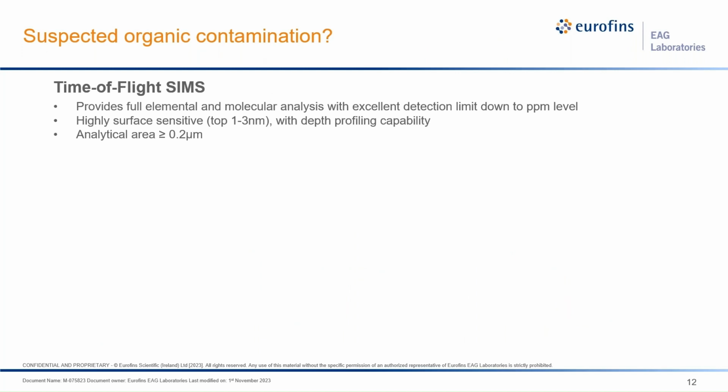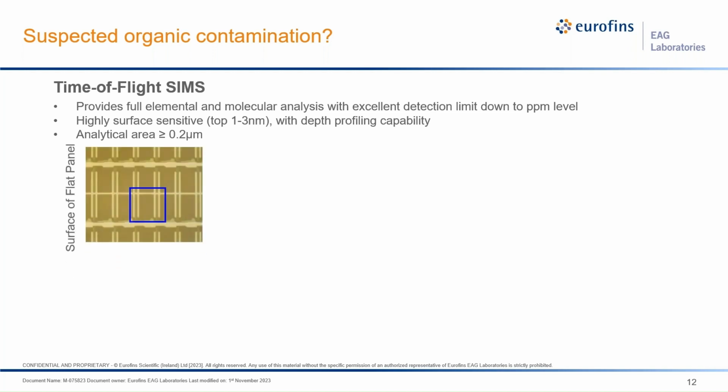If you have a general idea of what your contamination would be, such as an organic contamination, then TOF-SIMS will be a good candidate for analyzing the contamination. Here we have the surface of a flat panel where the blue square indicates the area of interest.